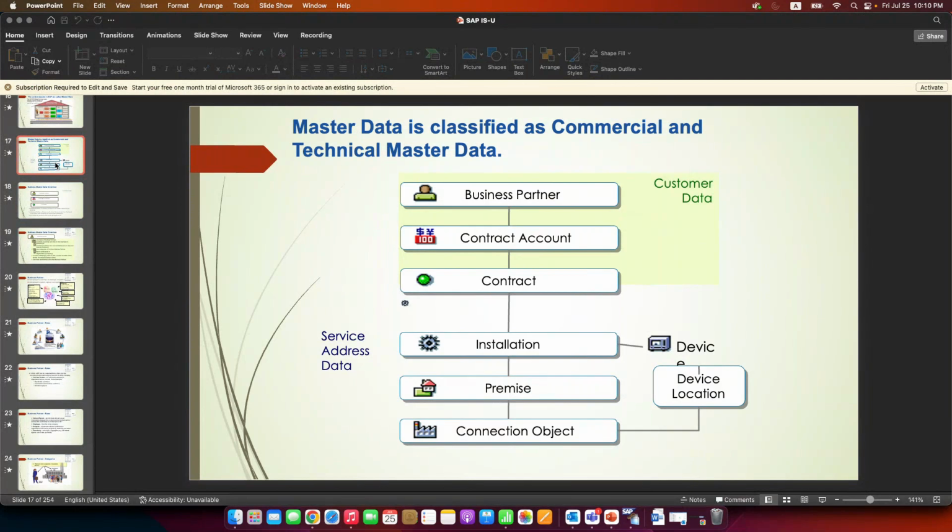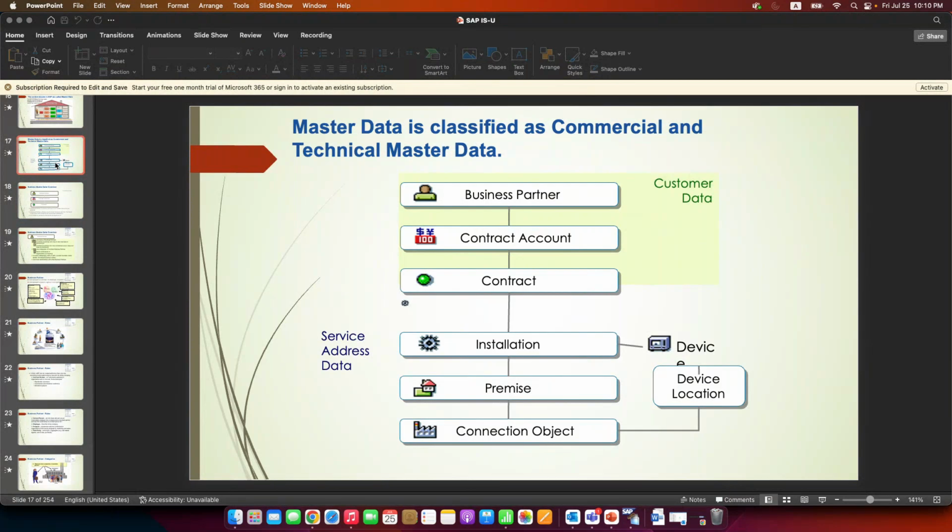One is called BMD, Business Master Data, and the second one is called TMD, Technical Master Data. And each set of information again has components. If I say BMD, Business Master Data, it has three components. One is your business partner, second is your contract account, the third one is called contract.